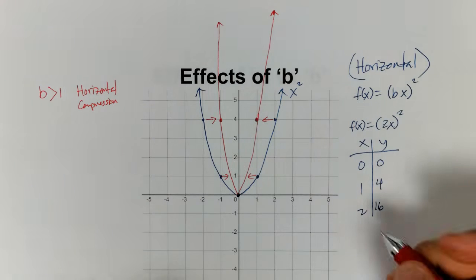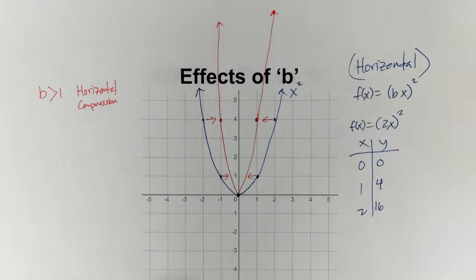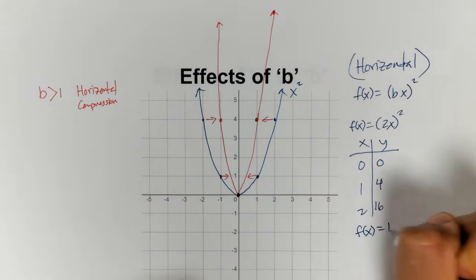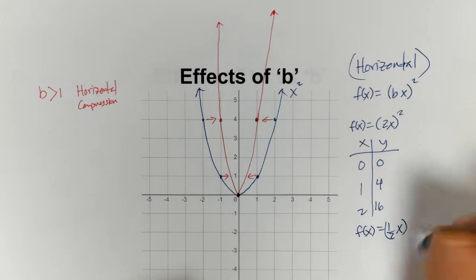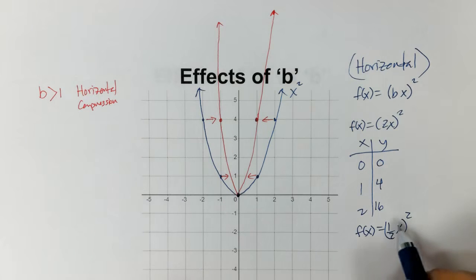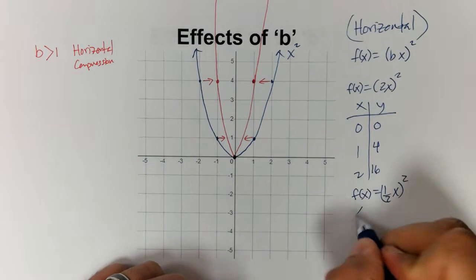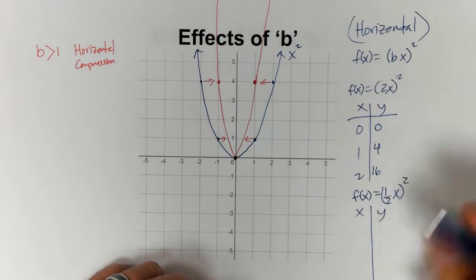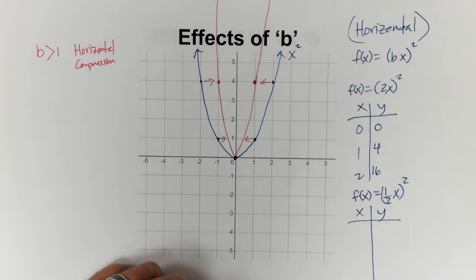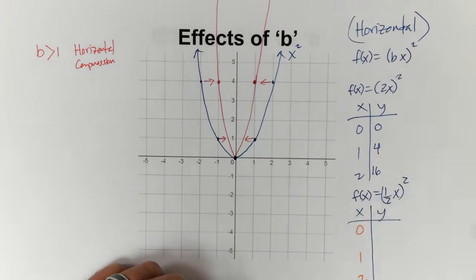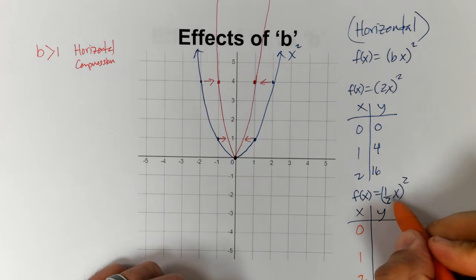Okay? What happens if I have like a 1/2 instead? f of x equals (1/2 x) squared. Now the 1/2 has to happen before we square the function because it's inside the parentheses. Yeah? So what does it look like? We have 0, 1, and 2, right? 0 times 1/2 is 0.